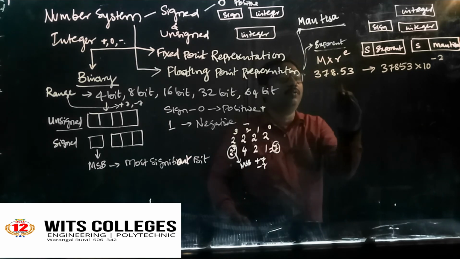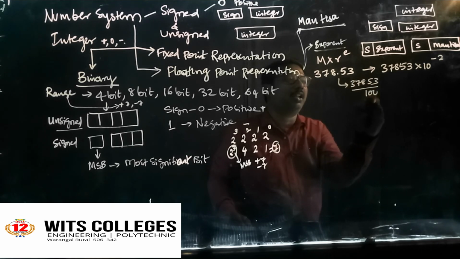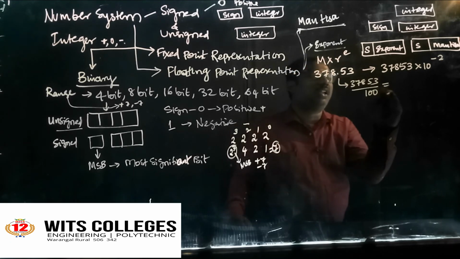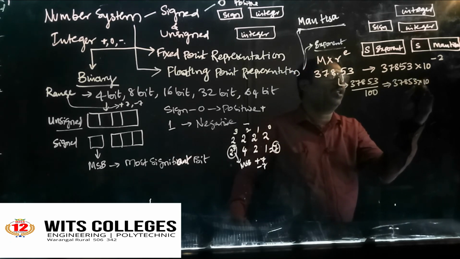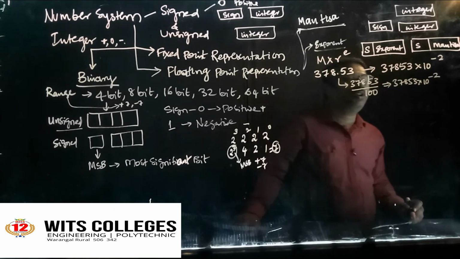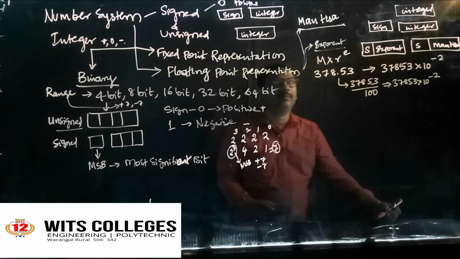That means if I divide 37853 by 100, I can change this into 37853 into 10 to the power of minus 2. 10 to the power of minus 2 is nothing but 1 by 100. So like this we can change.